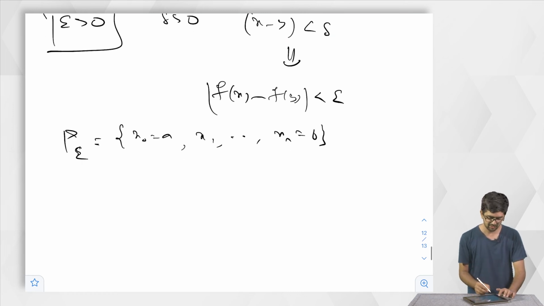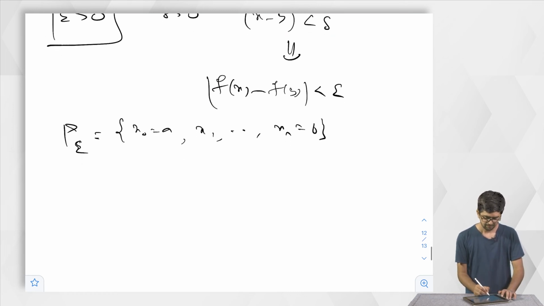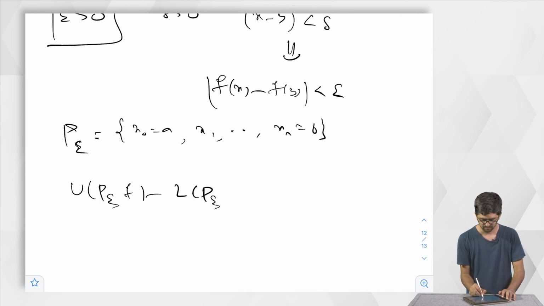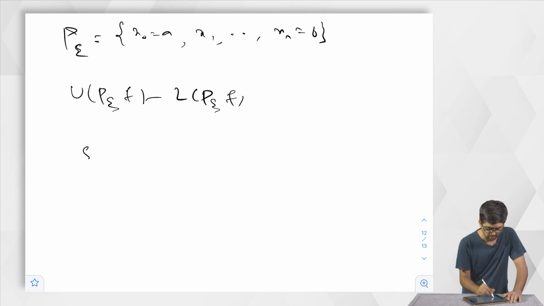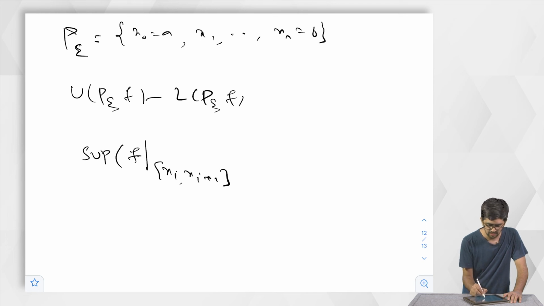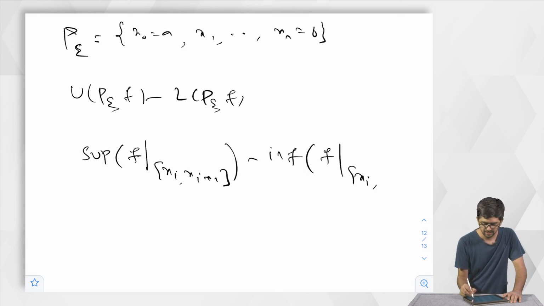So let us first check what is UP epsilon f minus LP epsilon f. Or before that, let us at least focus on this portion: supremum of f restricted to xi plus 1 minus infimum of f restricted to xi plus 1.